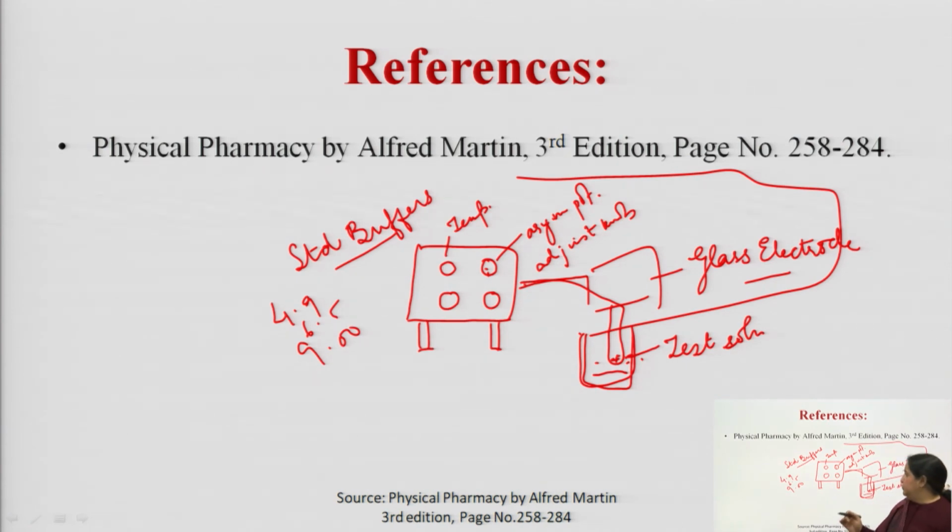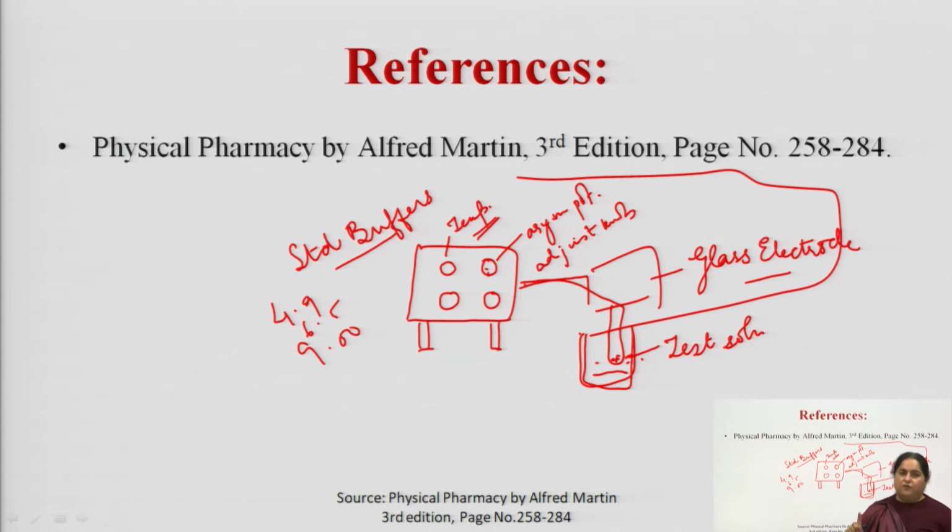So, what we will do, first of all we will put the buffer solution, right. We will take the pH of the standard buffer solutions, right. So, we will first take a buffer of pH 4.9 and first we will adjust this knob for temperature compensation, right.